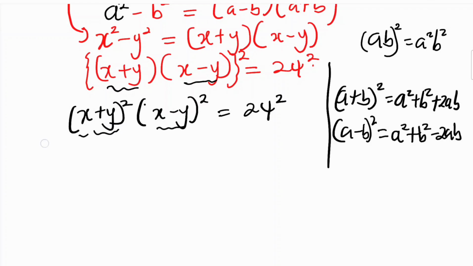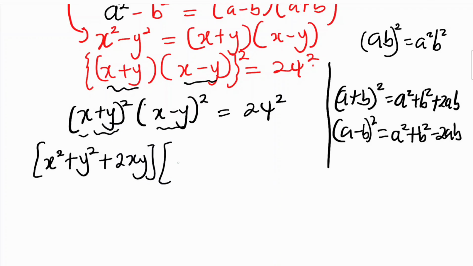So this will now be x squared plus y squared plus 2xy into x squared plus y squared minus 2xy, and that's equal to 24 squared.